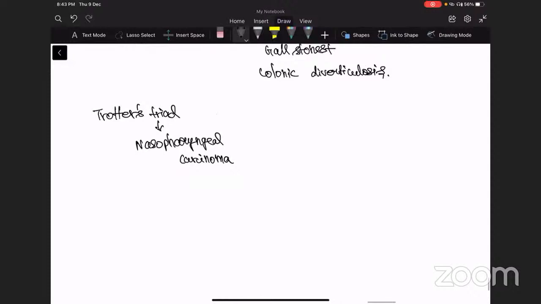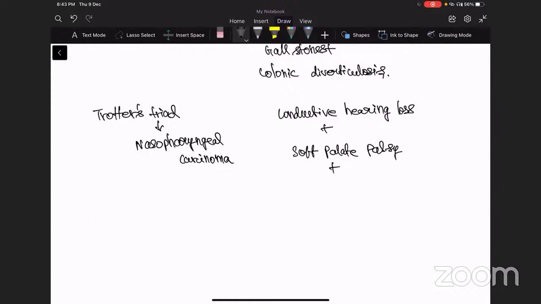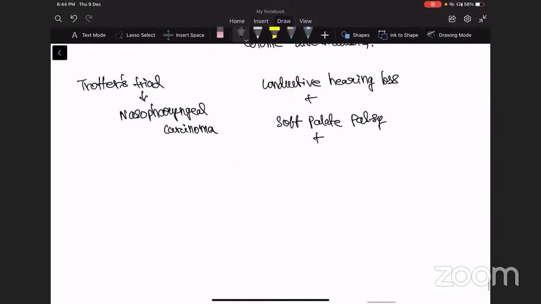The triad components are conductive hearing loss, soft palate palsy, and trigeminal neuralgia.